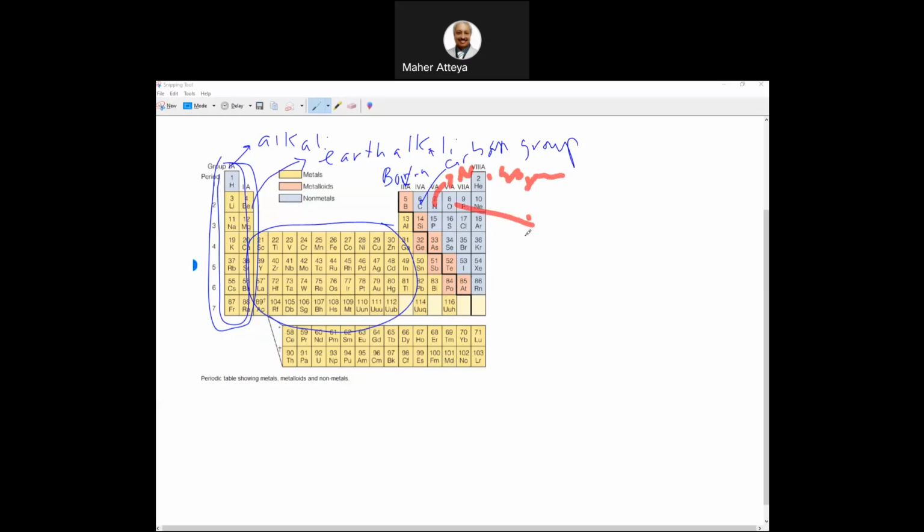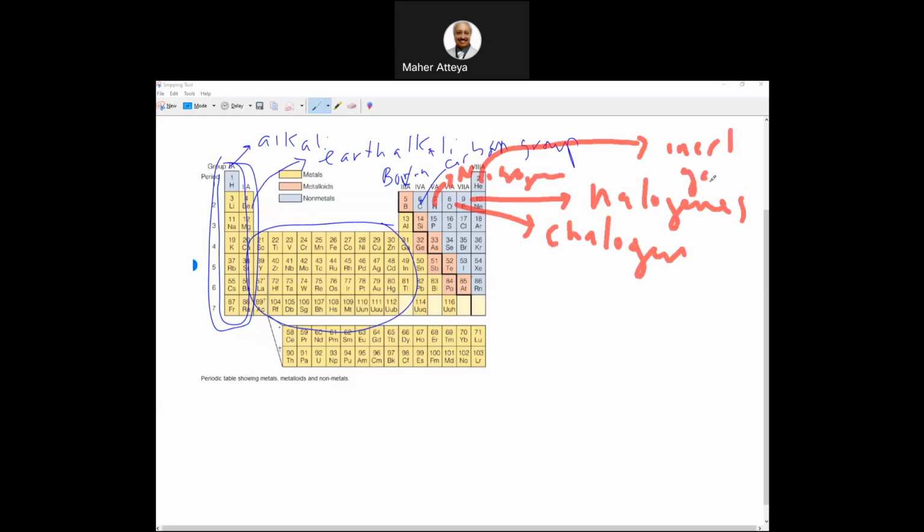And then this is oxygen, called chalcogen. And number 9, halogens, and then 8, the last one, called inert gases.